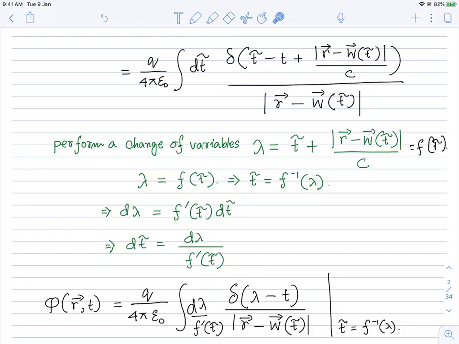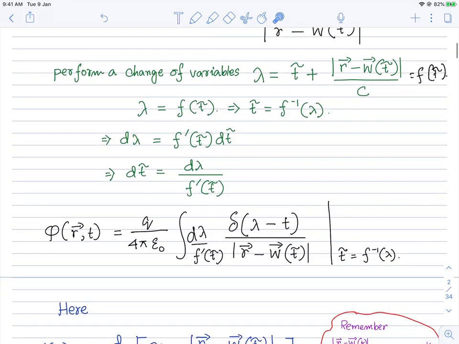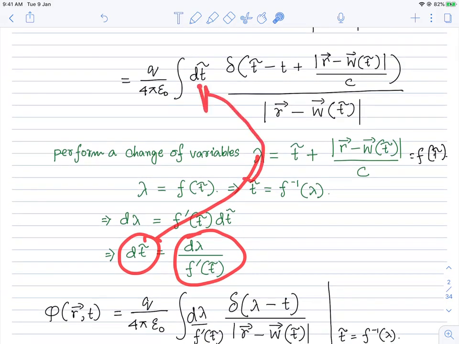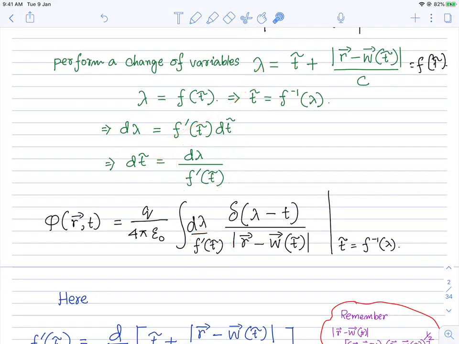So now if we take lambda equals f of t tilde as a substitution variable here, then we will see that d lambda is f prime of t tilde dt tilde. If you just take a d on this, you'll get this. Then we plug this expression into our integral. We'll get f prime of t tilde in the denominator, and there's a delta function of lambda minus t.